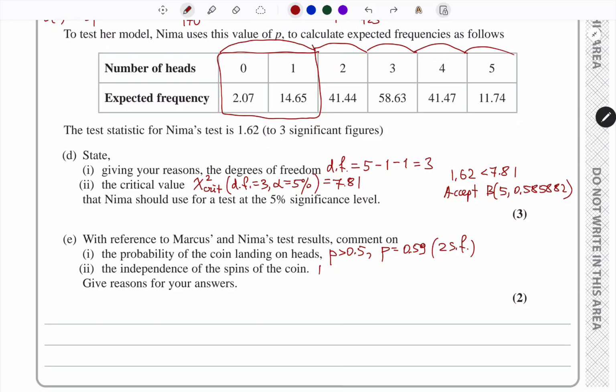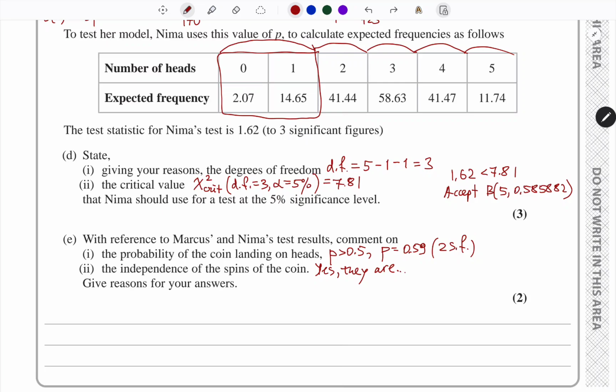So yes, they are independent, because it follows from the nature of the binomial distribution. I gave reasons for my answers, but they were oral explanations.